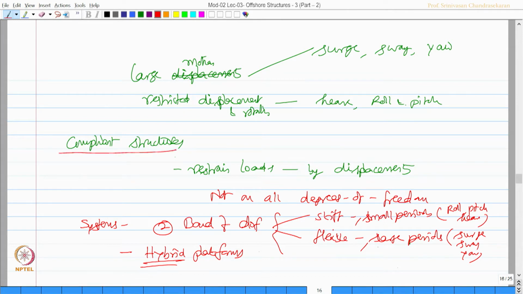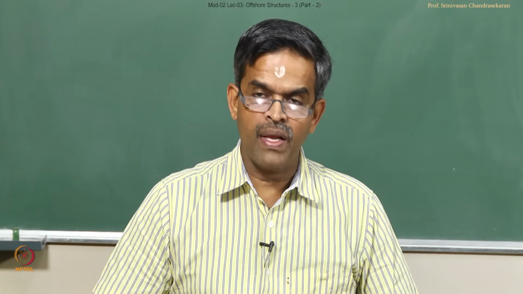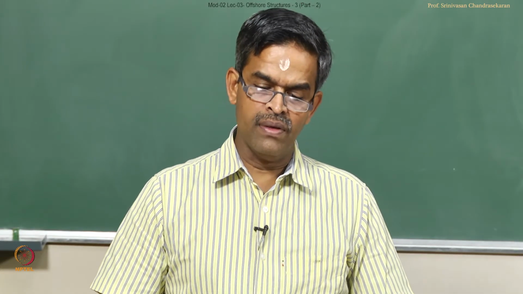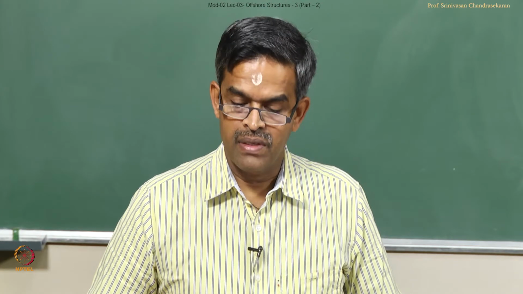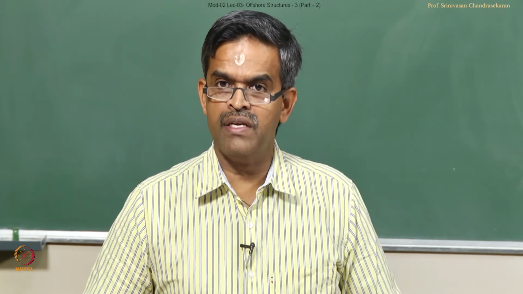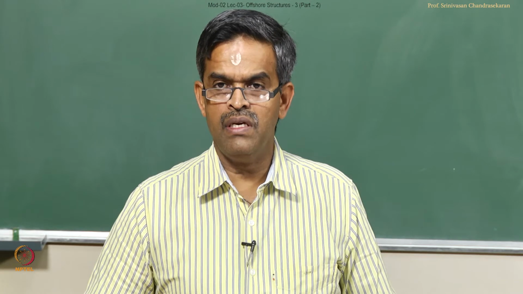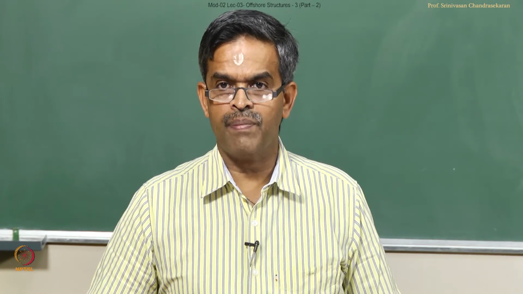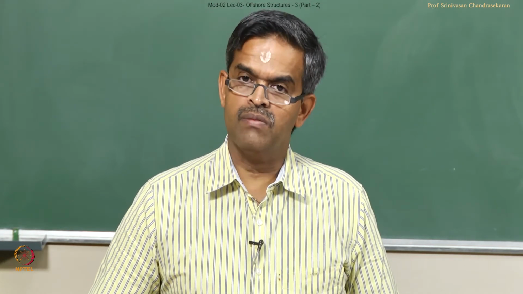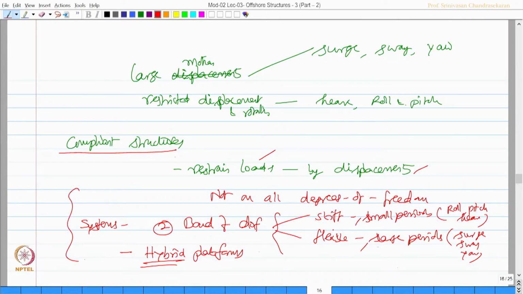So, compliant structures restrain loads by displacements, not essentially by their strength, but the flexibility which refers to compliancy does not happen in all degrees of freedom. Certain degrees of freedom are restrained in motion, but certain degrees of freedom are highly compliant and flexible in motion. So, such a unique combination gave rise to a new type of structures, they are called compliant structures.